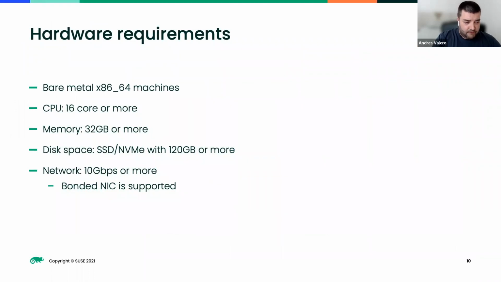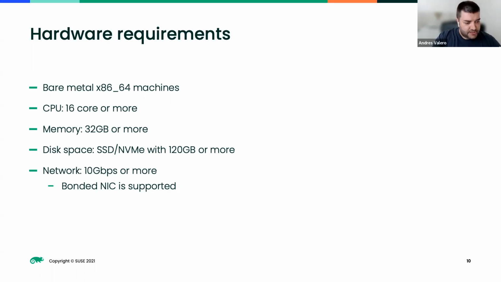Many of you will be by now wondering what the requirements are. So basically, it supports x86 64-bit processors. The minimum is 16 cores or more. For instance, I wrote a blog post recently, it's on our blog if you want to take a look, where I used a Ryzen 7 to install Harvester, to be more precise.